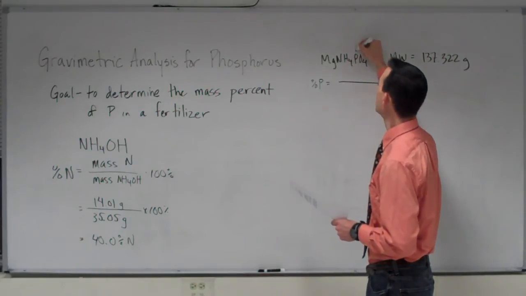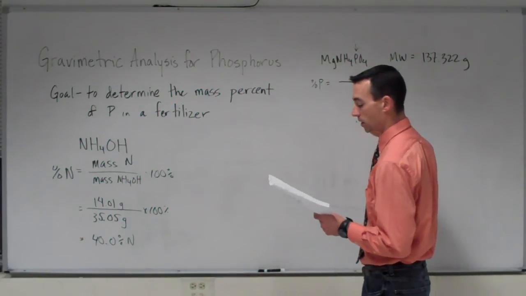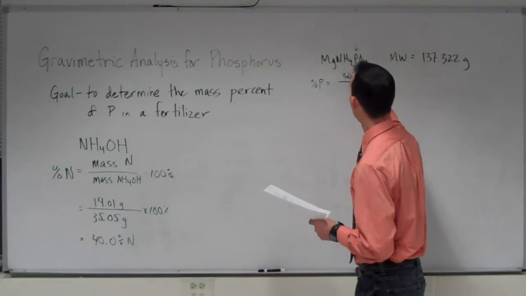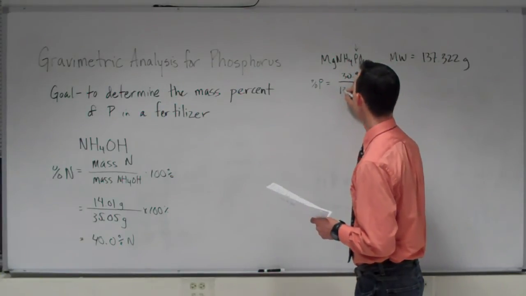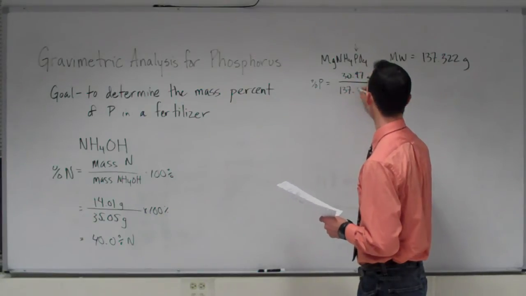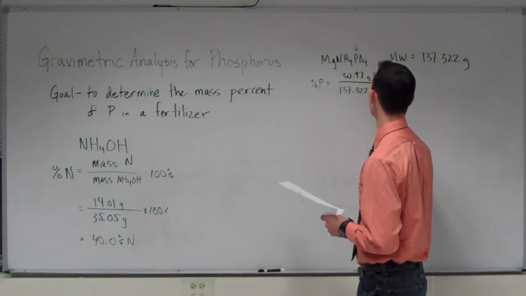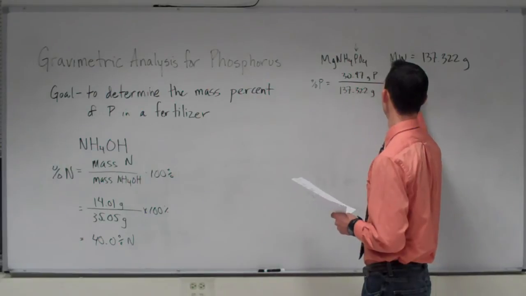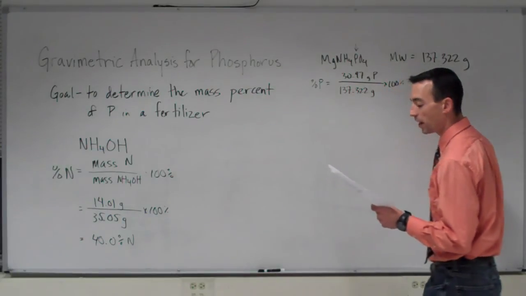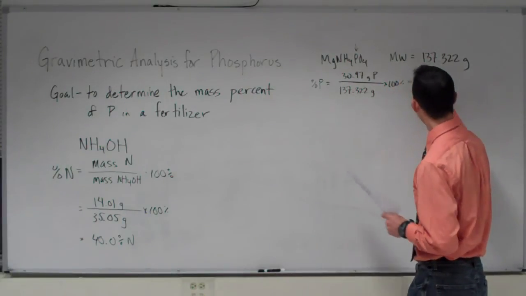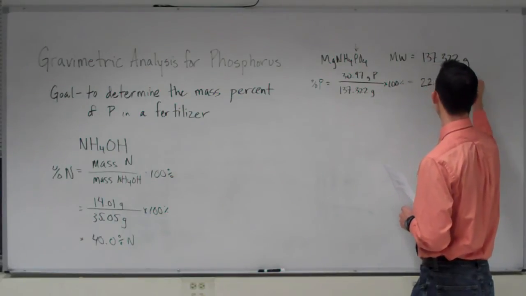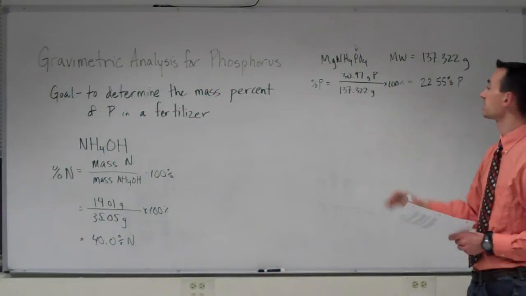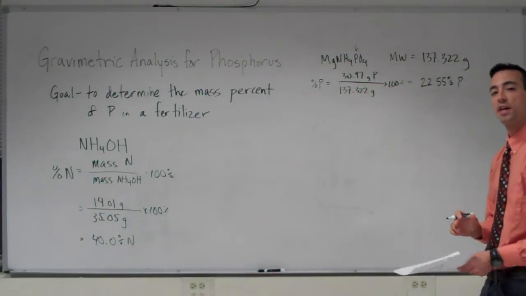There's only 1 mole of phosphorus, which would weigh 30.97 grams, divided by this entire mass of 137.322 grams. So phosphorus accounts for 22.55% of the entire mass of magnesium ammonium phosphate.